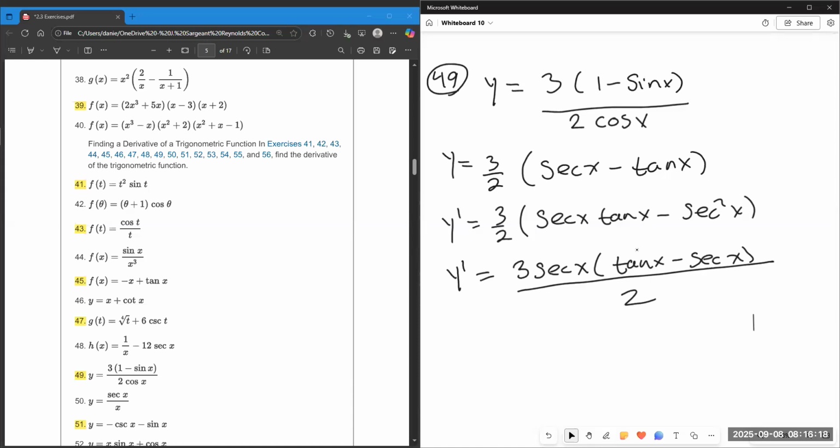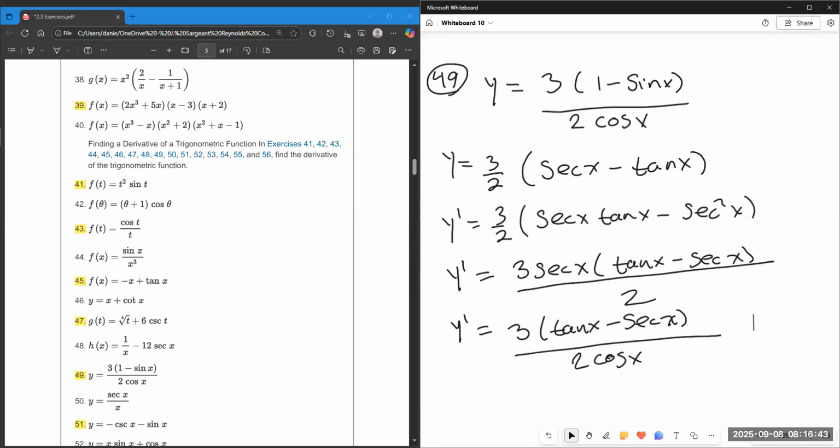So if I want to bring that secant back down as a cosine, I can do that. Y prime is 3 tan x minus secant x over 2 cosine x, and that looks pretty close to what I started off with.